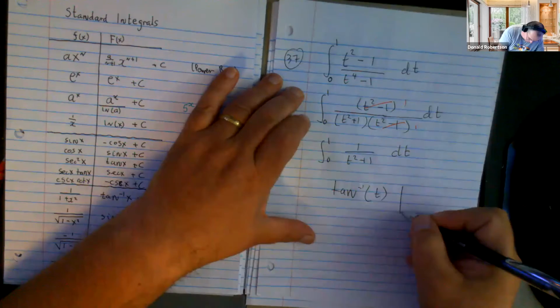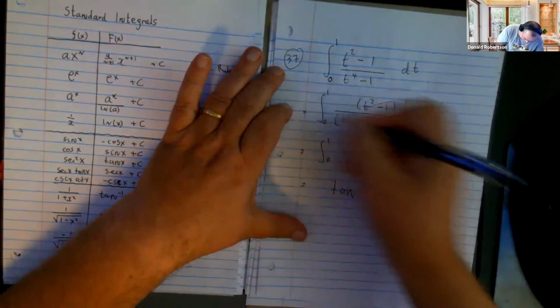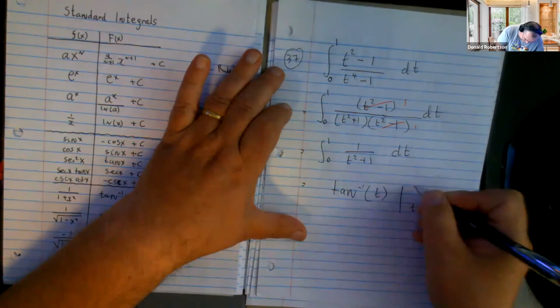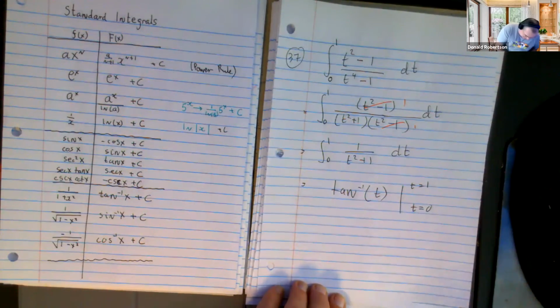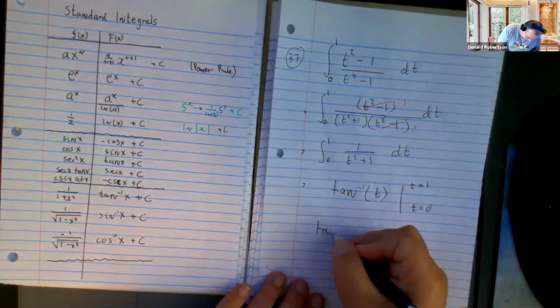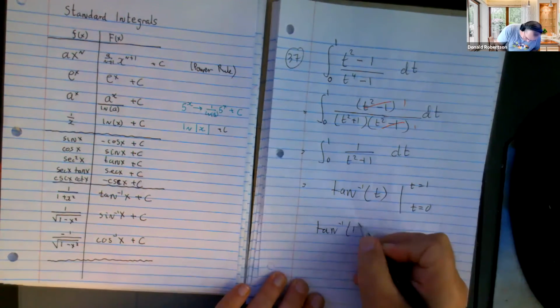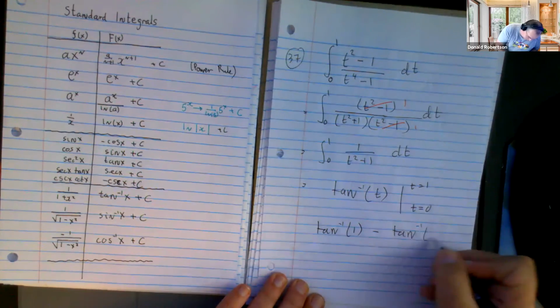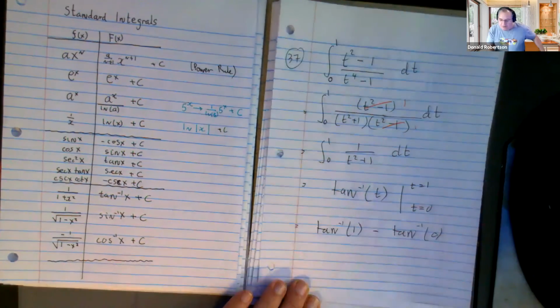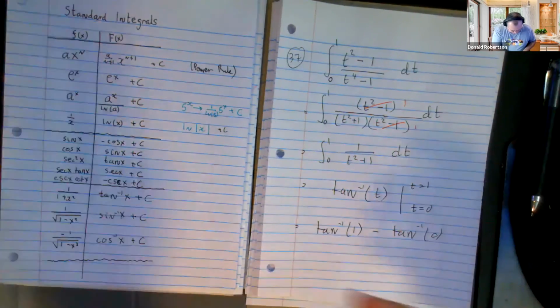So when I got to this line, I wouldn't have my plus c, I would have that. And then I would have inverse tan of 1, take away inverse tan of 0. I'll do that shortcut again.